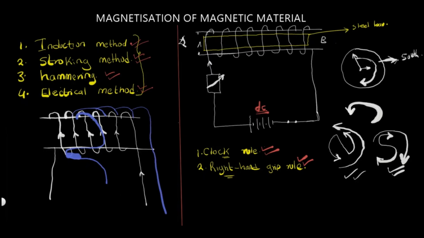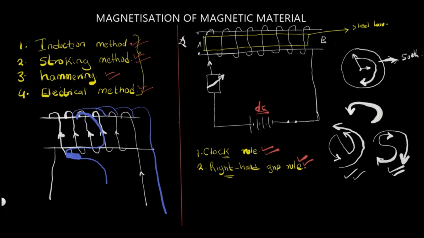When you grip it like this, what we normally say is that if a coil carrying current is grabbed in the right hand such that the fingers point in the direction of current in the coil, then the thumb points to the direction of the north pole.